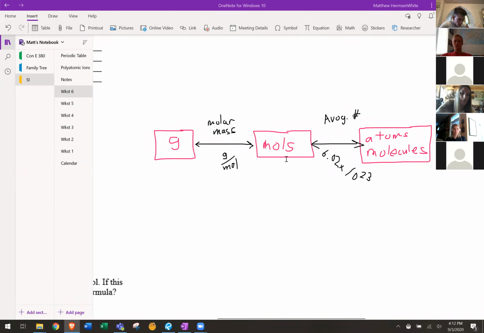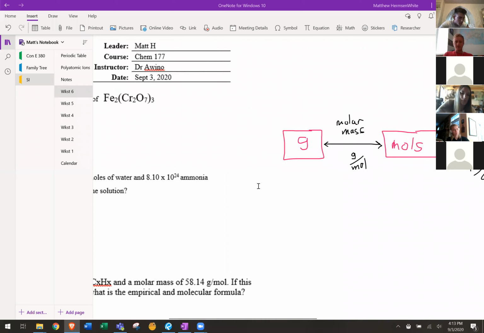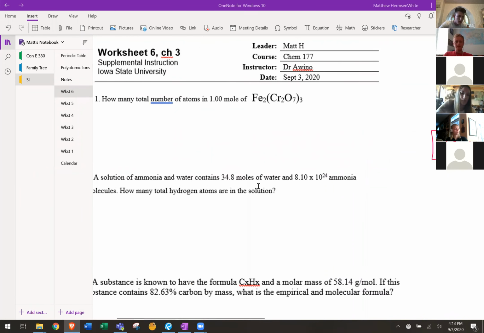If you're going from moles to atoms and molecules, you use Avogadro's number, which is 6.02 times 10 to the 23rd. You always have to go along this line. There's no way to go from grams directly to atoms. You have to go to moles first. If you don't have this, I recommend you take a picture or write it down. If you didn't grab it, feel free to message me in the chat and I can scroll back over for it.